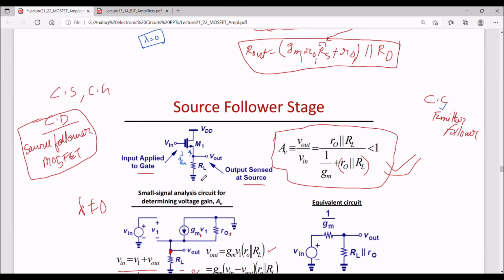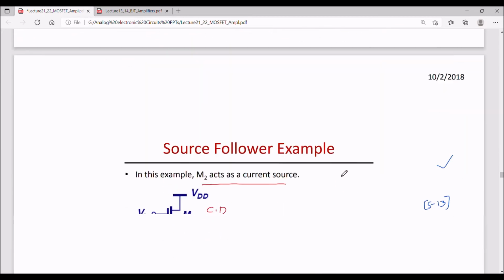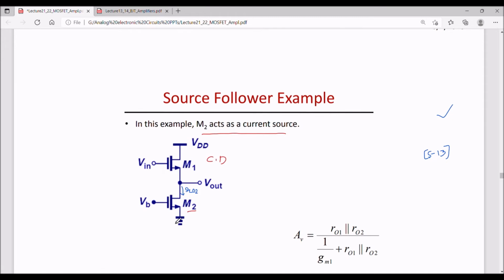So this relation can be used here to comment on the gain of this circuit. Here it was RL, and in this circuit it is M2. Now at this node, looking into the drain of M2, I can write impedance offered by M2 is ro2. So for the previous circuit, M2 is acting as RL.